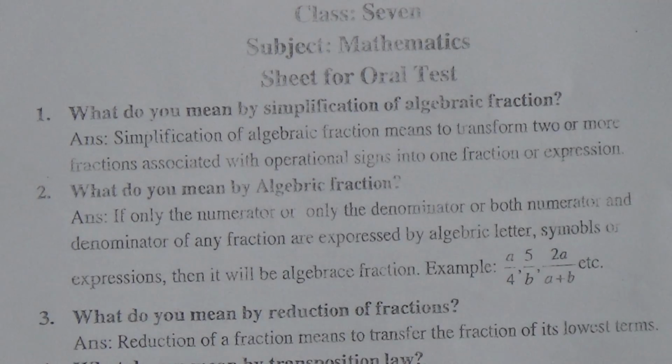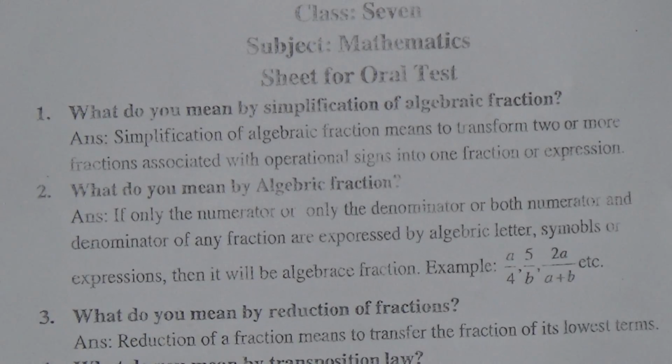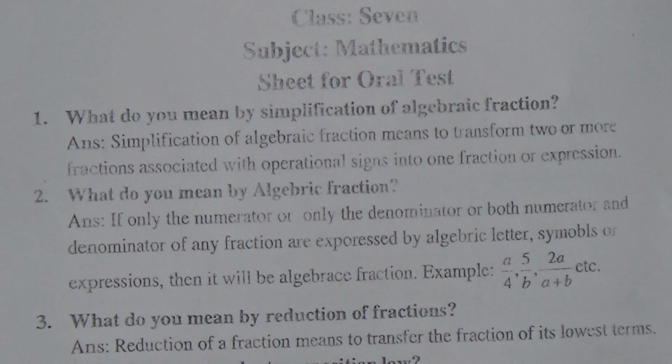Just like, two fractions are given, a plus b plus c plus b. If we add these two, then we get only one single fraction. This single fraction is the solution of the addition of the two fractions. So this is called the simplification of the algebraic fraction.